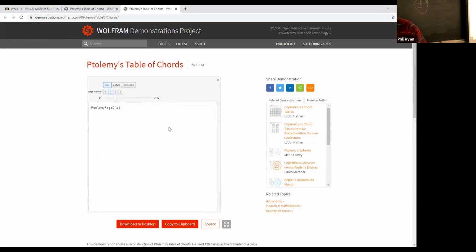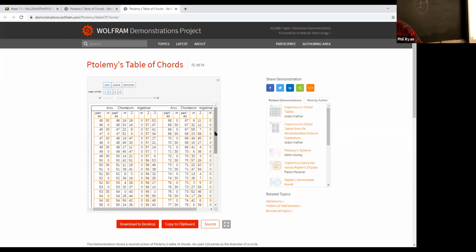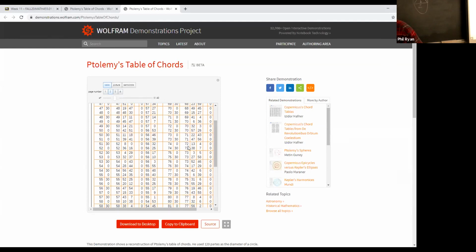So we go to the next page and we look and oh, here we find it. We find that 72 lies between 73.30 and 74. So it's 73 degrees 30 minutes, plus something extra.